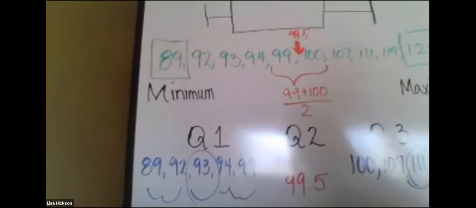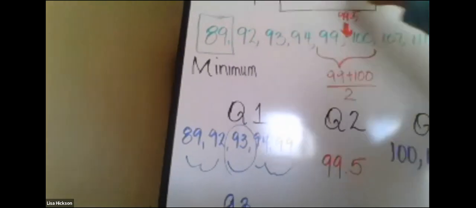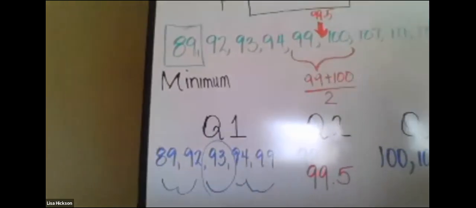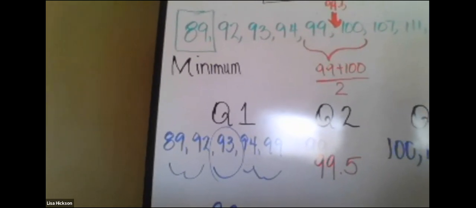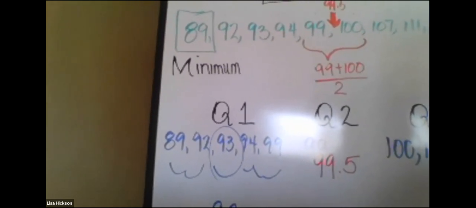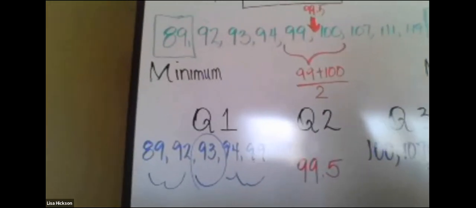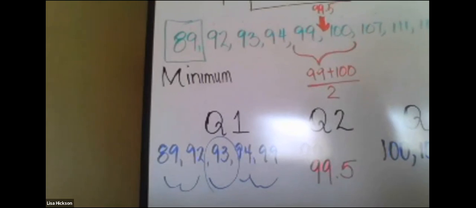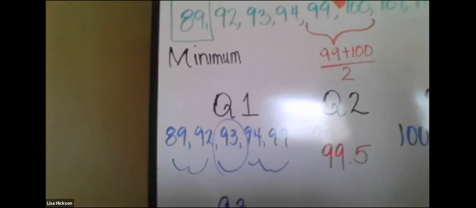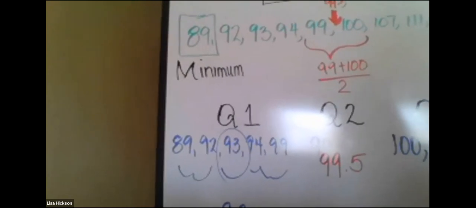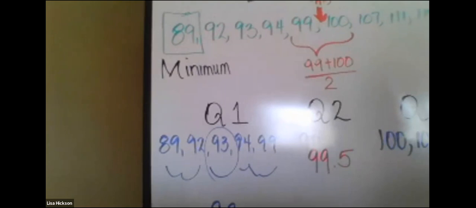So is 99.5 closer to 93 or closer to 111? You have $99.50. Is it closer to you having $93 or you having $111?